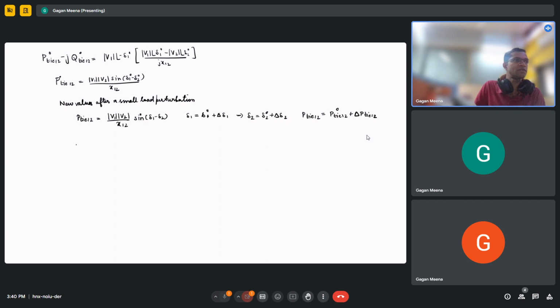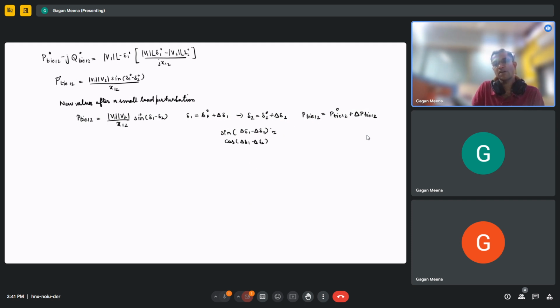After substituting and simplifying, and because all these perturbations are very small, when we expand the sine terms we get sine of delta 1 minus delta 2 and cos of delta 1 minus delta 2.